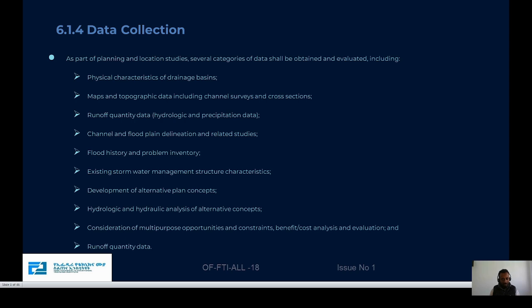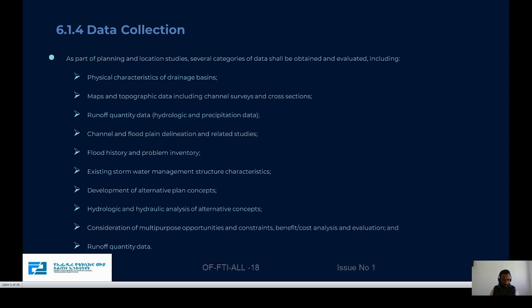Data will be collected. First is the physical characteristics of the drainage basins, for example the width of the river, the length, and the heights. The maps and topographic data, including the channel survey and the cross section, the widths and the heights of the rivers, are also collected.